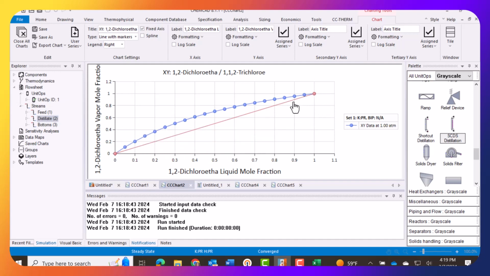But you can use this graph and estimate, with a reflux ratio of 2, a feed that's saturated vapor, how many stair steps you would need to achieve problem A in this lab. And use that as your starting guess.